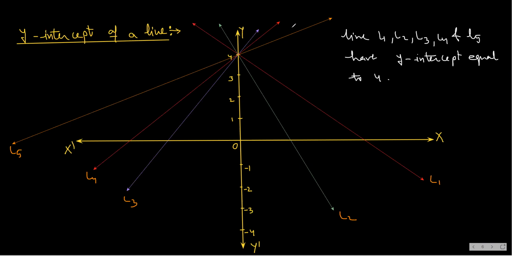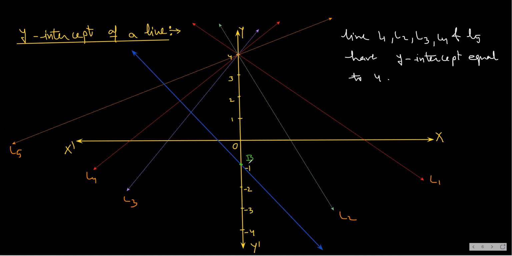So now I will try defining the y-intercept, and in order to do that, let me have a line here. The line is meeting the y-axis at a point, and the name of the point is, say, B, because we have taken A in the previous one. So this is the point where the line meets the y-axis.